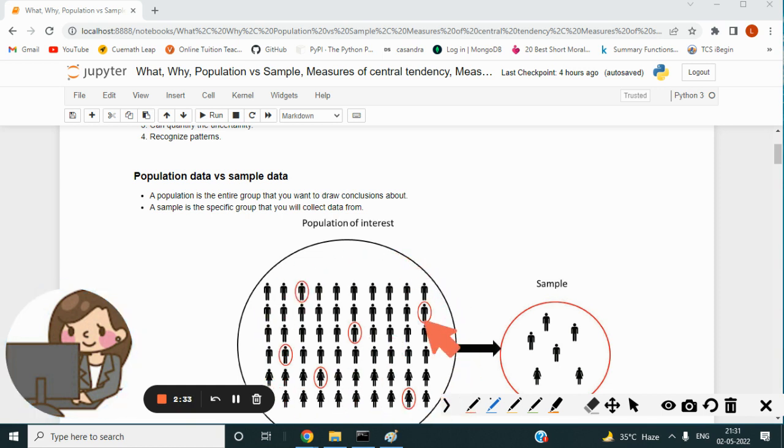But if you select a few random samples from this group and derive some inference from it, then it is known as sample data. Population data refers to a large group of data, and sample data refers to a subset of it.